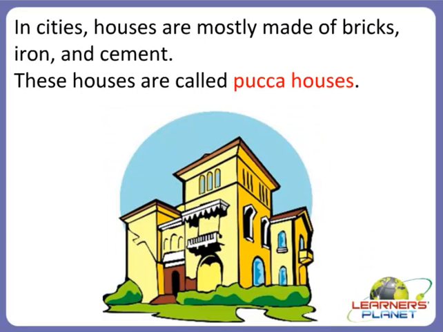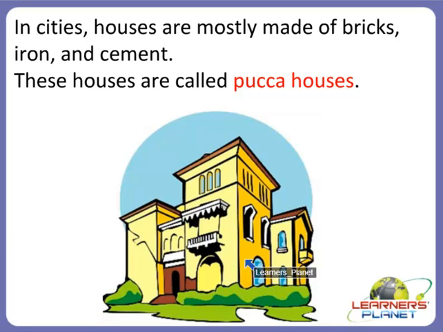Okay children, now the next house. In cities, houses are mostly made of bricks, iron and cement. So, these houses are called pucca houses.